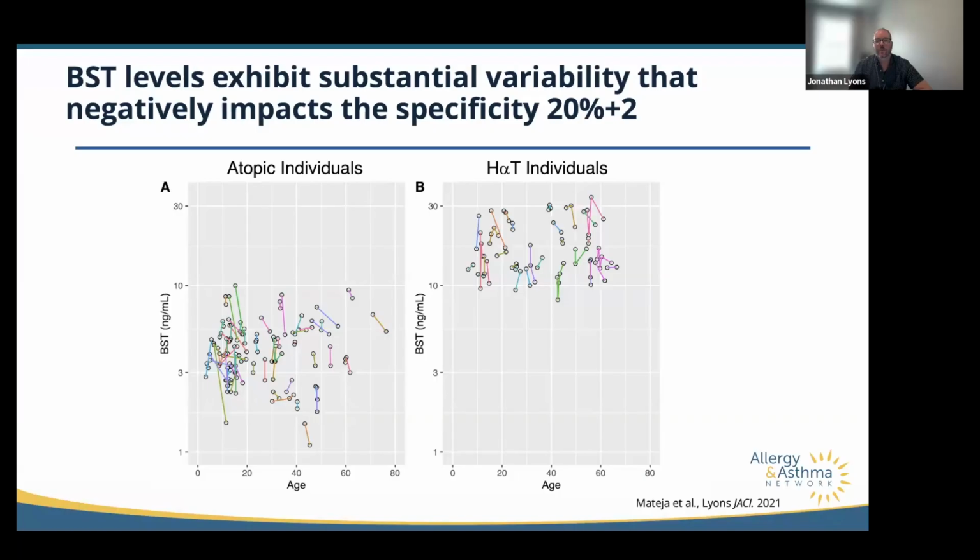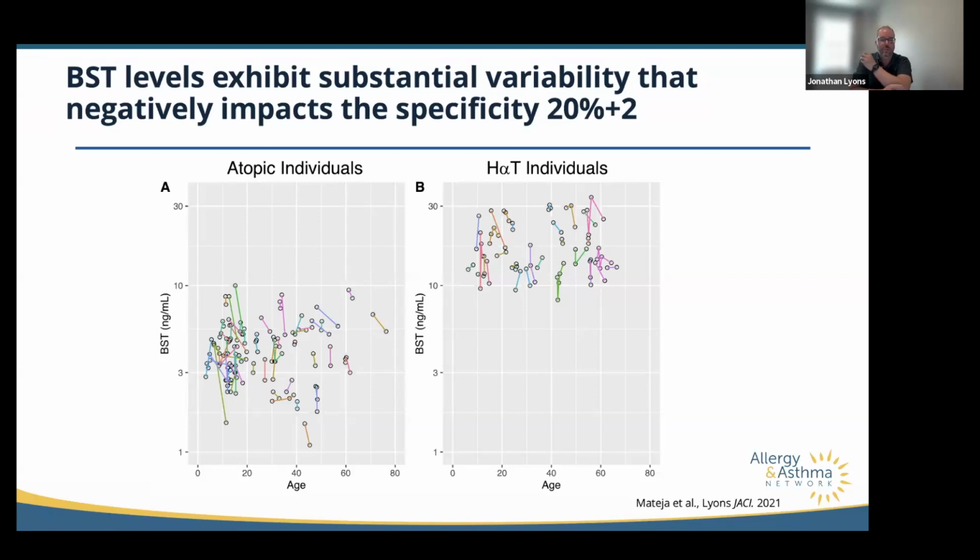But we do know how variable tryptases are, at least in this real world study that we published a few years ago. These are patients with a variety of allergic diseases or hereditary alpha-tryptasemia who had serial measurements. Each individual little colored line is a different person.